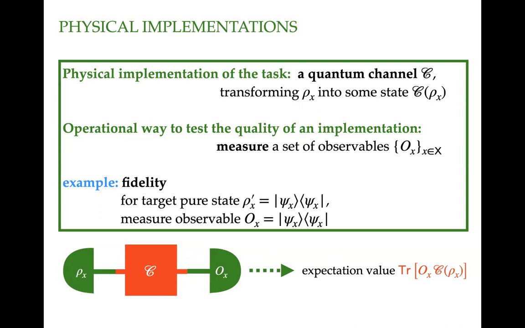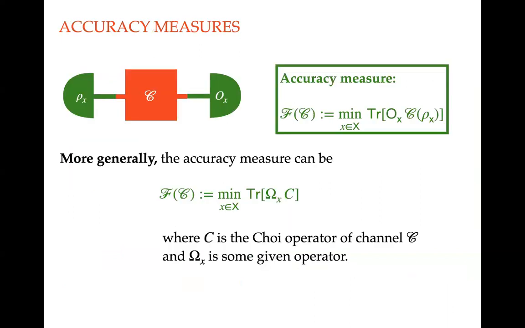So the mother of all examples here is the fidelity, the easiest example. If you have a pure state transformation, if your goal is to produce some pure state output, then an easy example of a score observable would be just the projector on the state. It gives you the fidelity. So I will actually call the accuracy F, because our main example, the example you have in mind, is actually the fidelity.